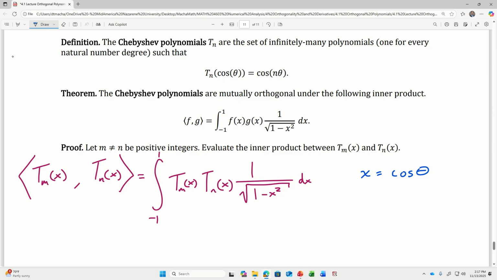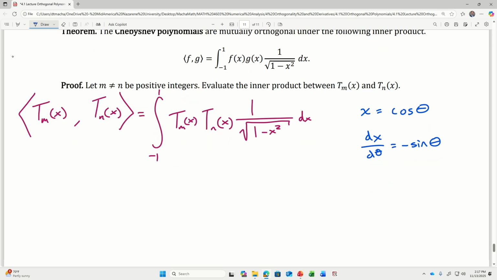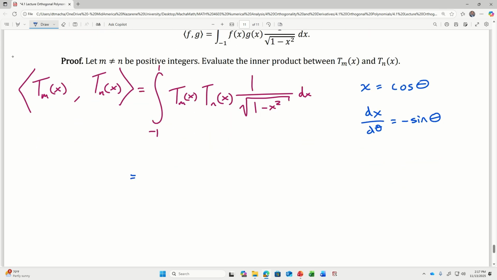And the substitution x equals cosine theta means that the derivative of x with respect to theta is negative sine theta. So we've got the integral.